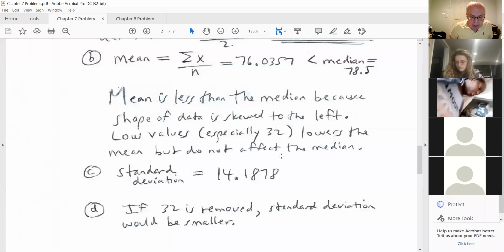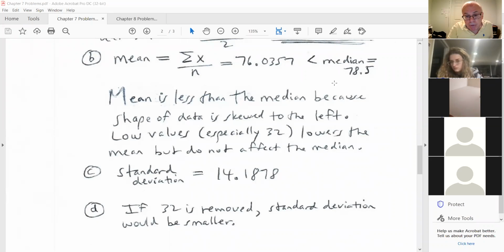I don't have the ability to display this calculator, but I can briefly explain it. It's really up to you. You can learn how to enter the numbers of a data set into your calculator, and then it'll automatically calculate the mean, and it will calculate the standard deviation, which is very nice. All right, it'll do it for you.